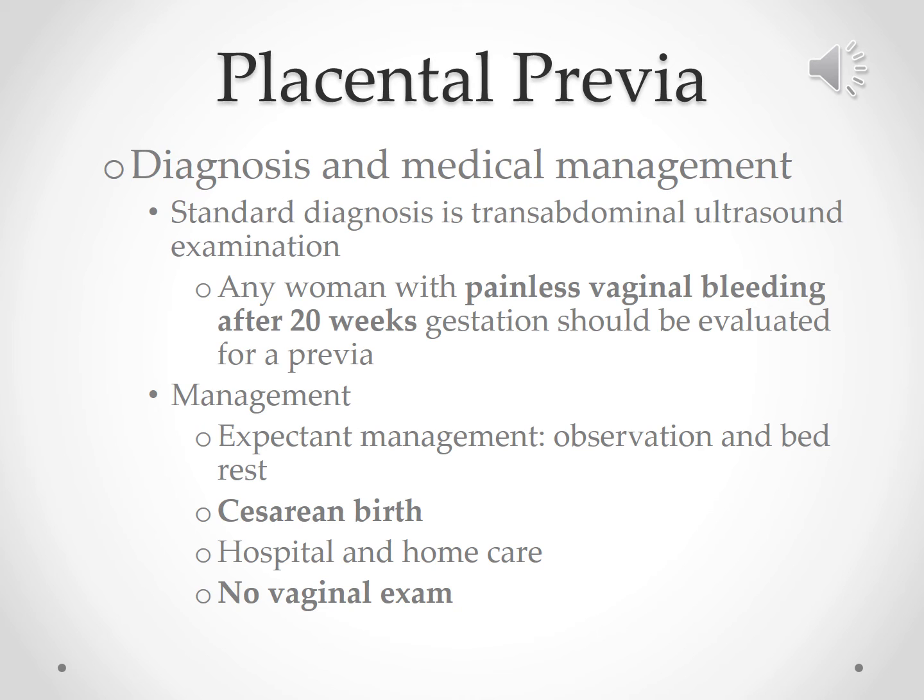The woman who does not have an ultrasound to tell you that it's there, if she comes in past 20 weeks and is reporting bright red bleeding, but she's not having any abdominal pain or any pain at all with this. So vaginal bleeding, no pain after 20 weeks, you immediately need to start thinking about placenta previa, and if you haven't done anything diagnostic to identify it, then you're going to get an ultrasound done.